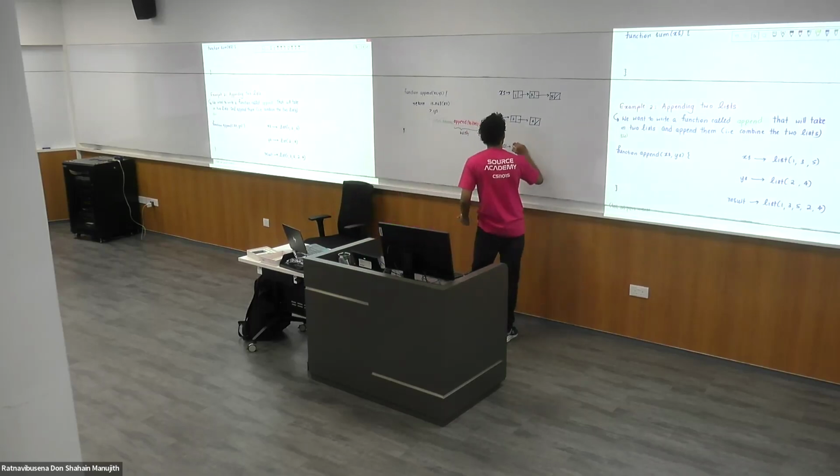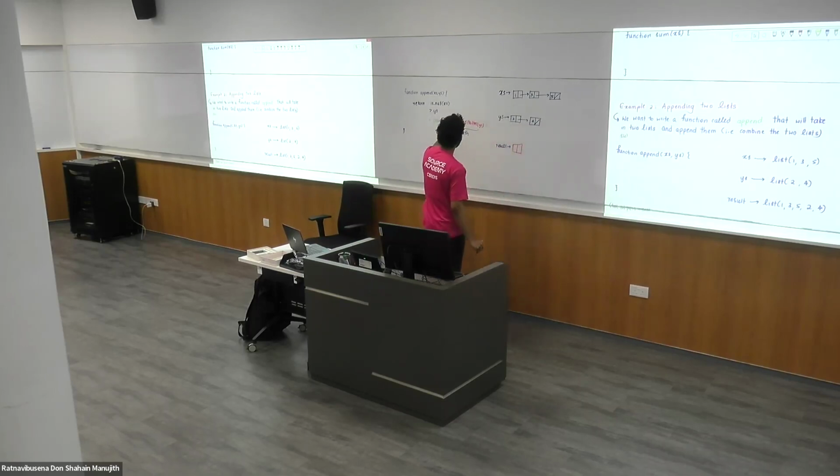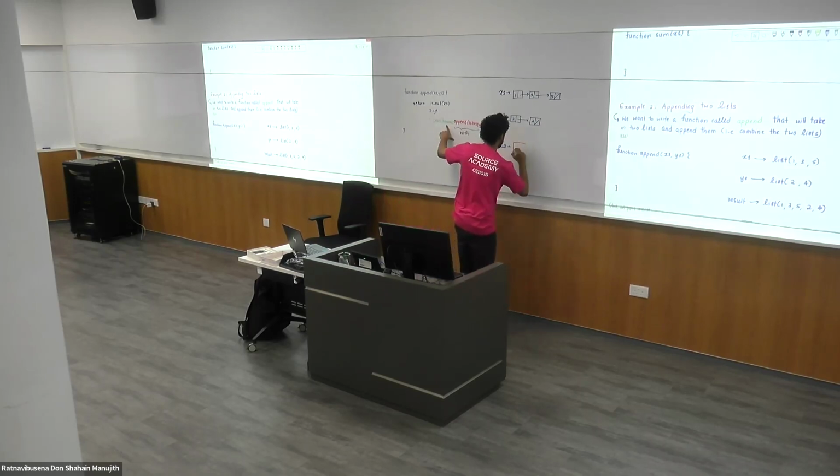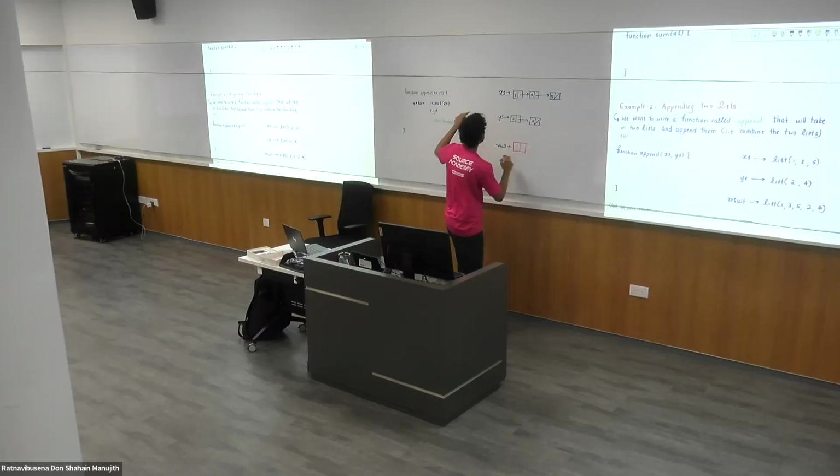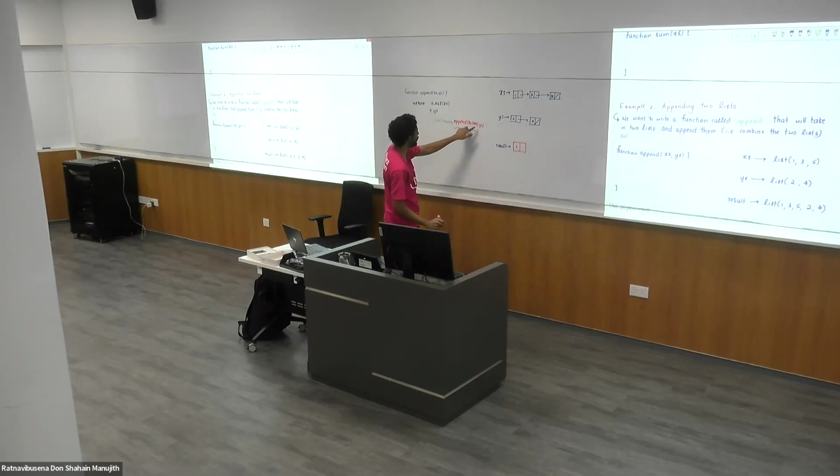So here we go, one pair. So what does the head of the pair contain? 1, because we are currently at this place. Then we append the tail of xs to ys.